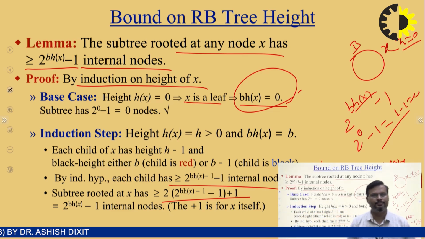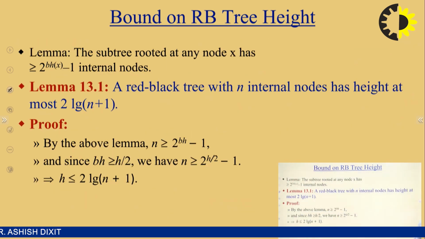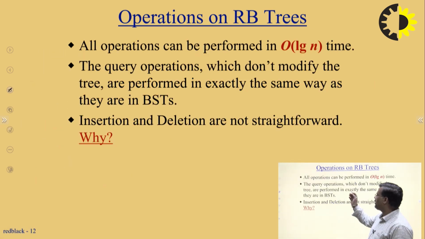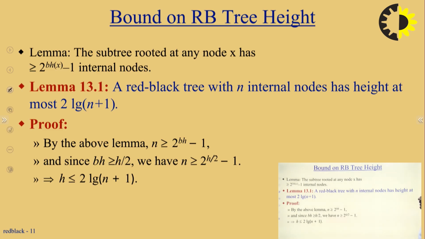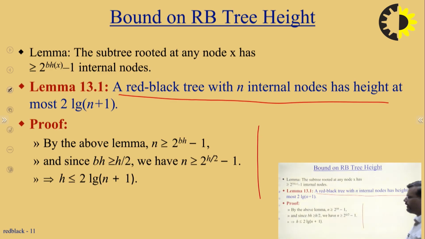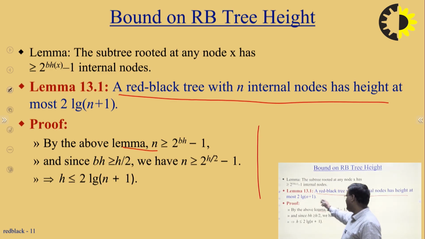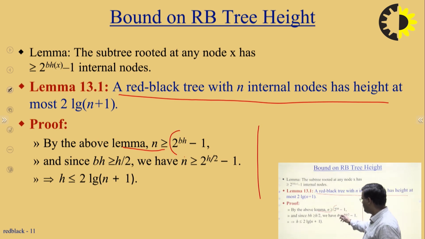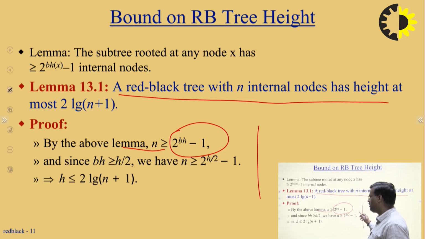Next thing. So the operation on the arbitrary tree. This is the lemma that I already proved. Then this is the lemma: a red black tree with n internal nodes has height at most 2 log n plus 1. By the lemma, we always know that n is greater than or equal to 2 to the power black height of x minus 1.